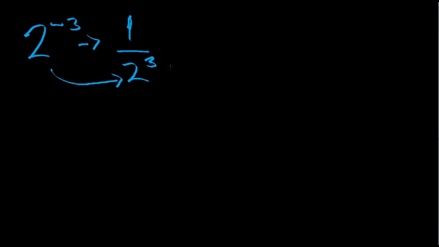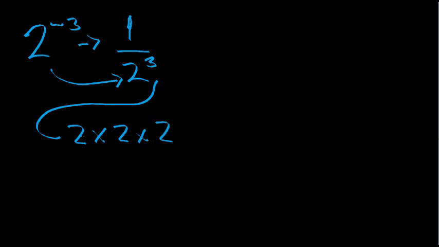And then you would just solve it. So 2 times 2 times 2: 2 times 2 is 4, 4 times 2 equals 8. So this would equal 1 over 8. And that's how you would do it.